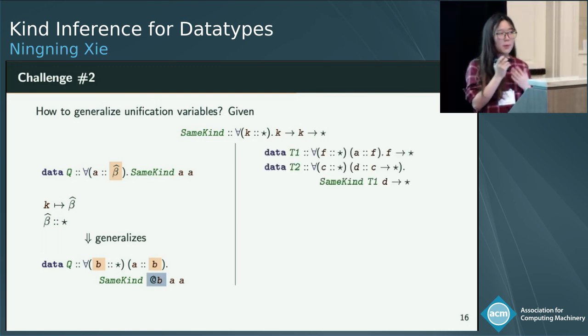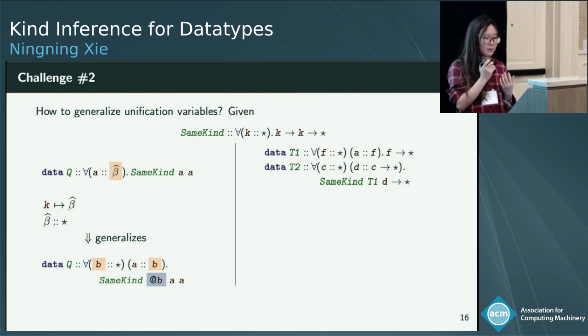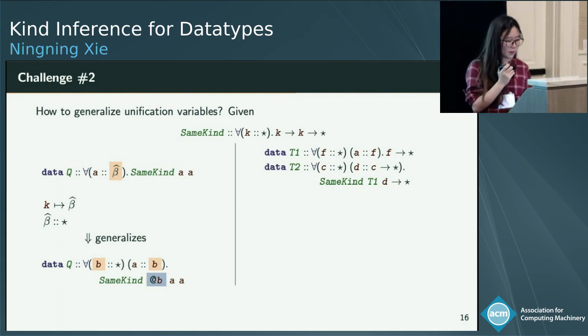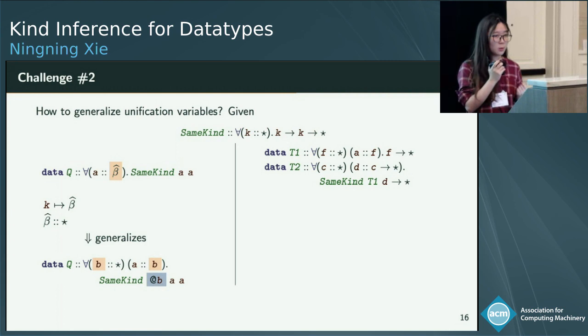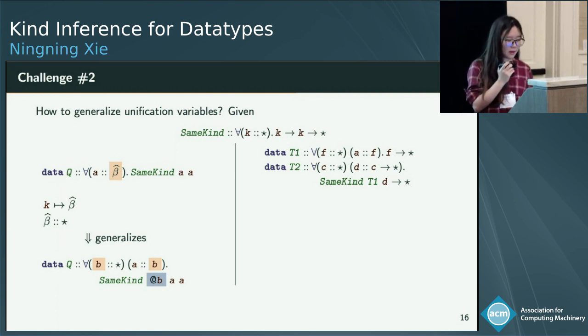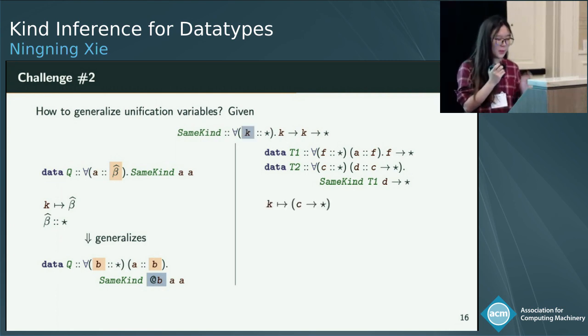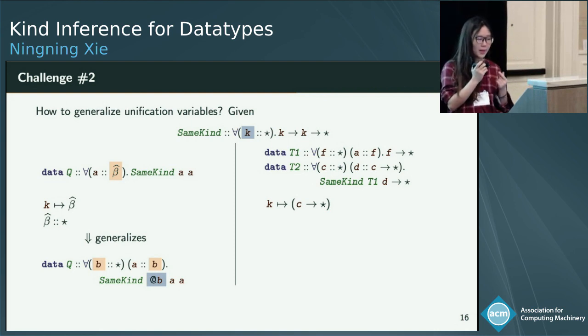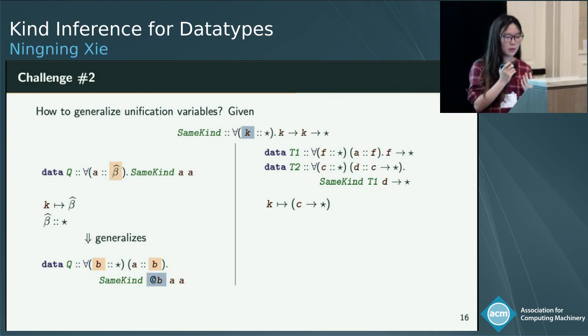Now let's see some more complicated examples. Here, the kind of T1 is already complete. So let's try to figure out the kind of T2. Since SameKind is applied to T1 and D has kind C2 star, we know that the K in SameKind should be instantiated with C2 star.